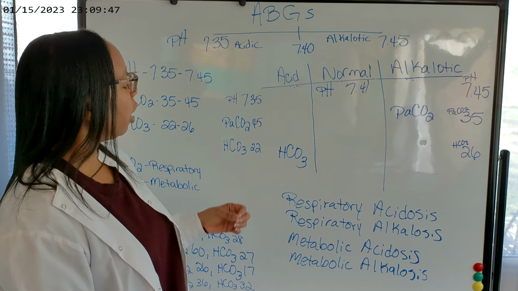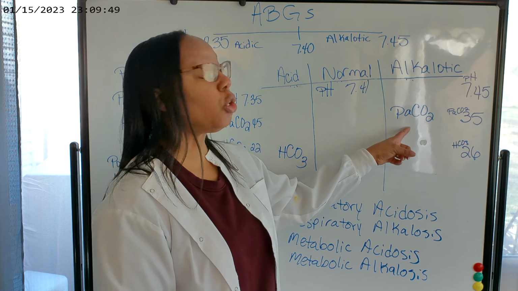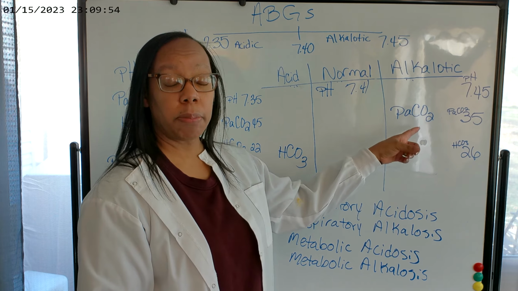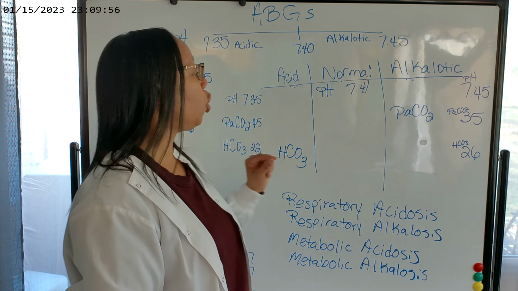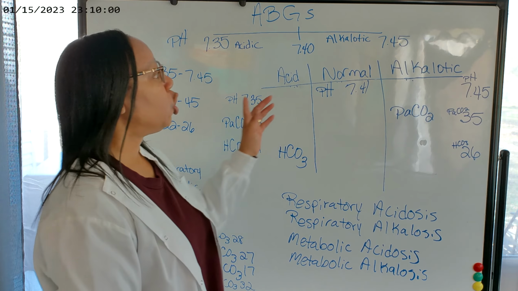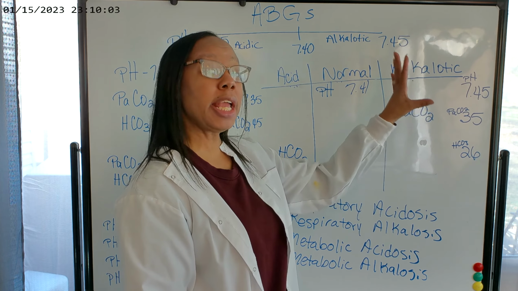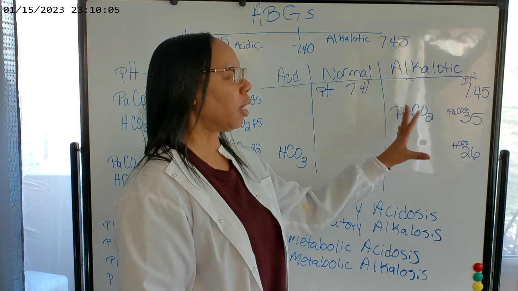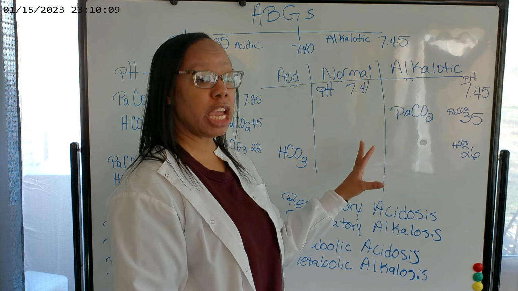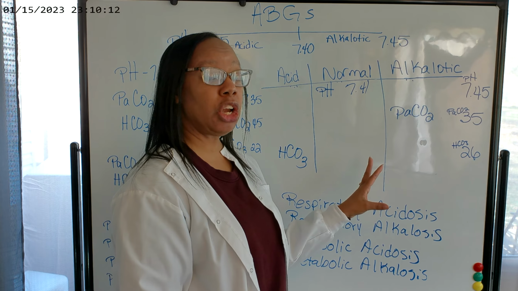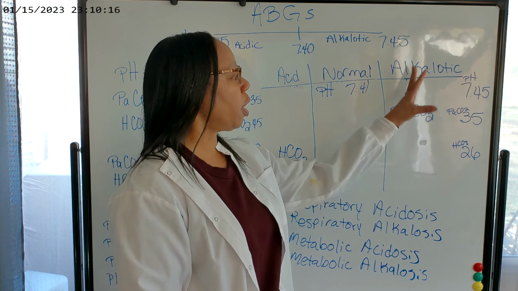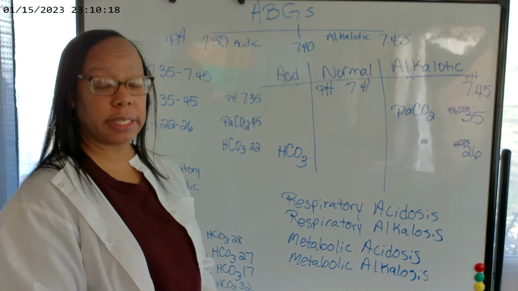So which one is alkalic? Our PaCO2. So that's the one that's going to match our pH. So if the issue is with the PaCO2, then it's a respiratory issue. So it's going to be respiratory alkalosis, fully compensating. And remember, like I said, if the pH is normal, you automatically know that it's fully compensating. So this is respiratory alkalosis, fully compensating.